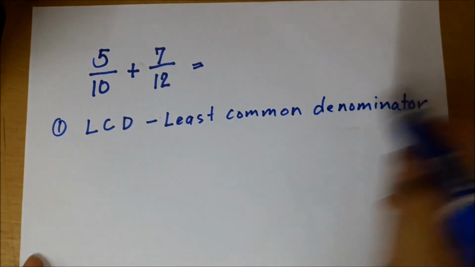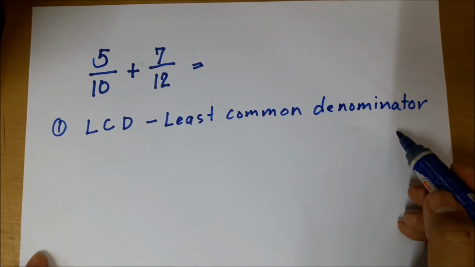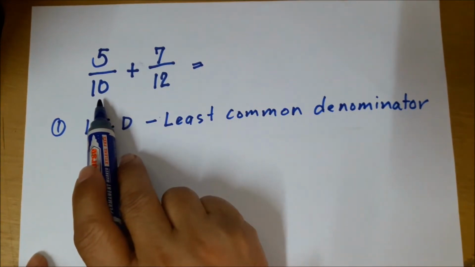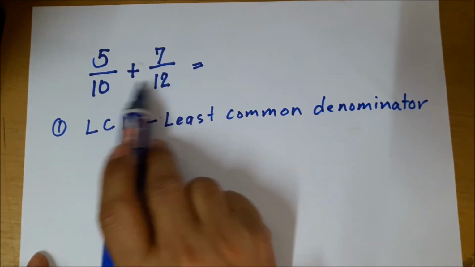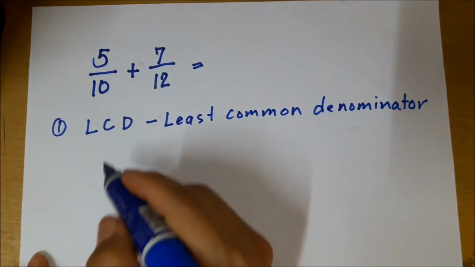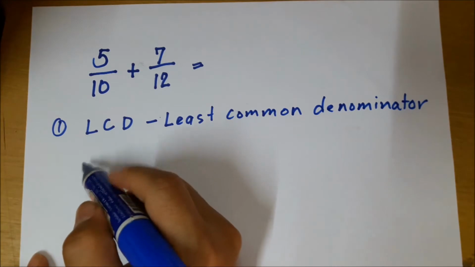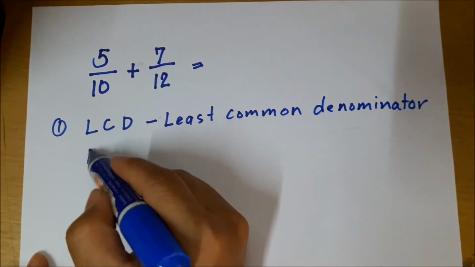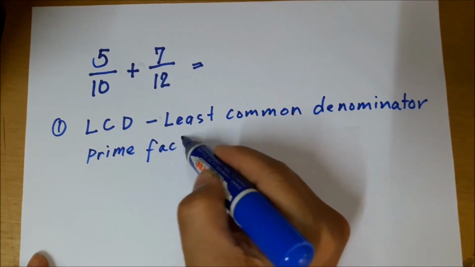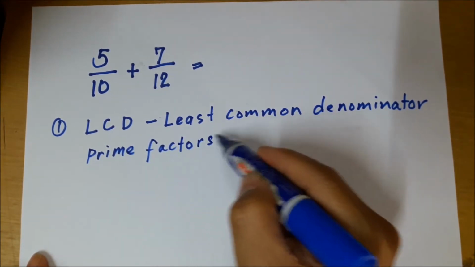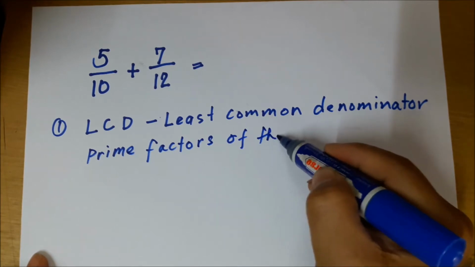Okay, so to find the least common denominator, we're going to find a common number, or one number, that can be used as the denominator for these two fractions. To find the LCD, the first thing to do is to find the prime factors of the denominators.